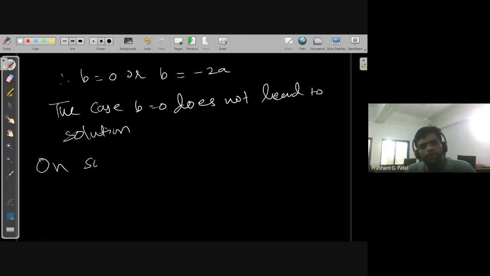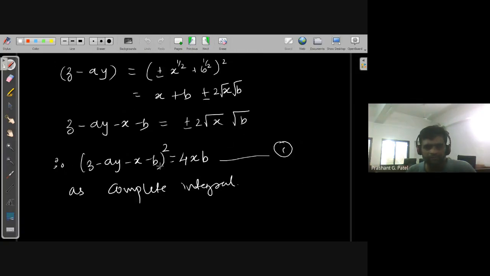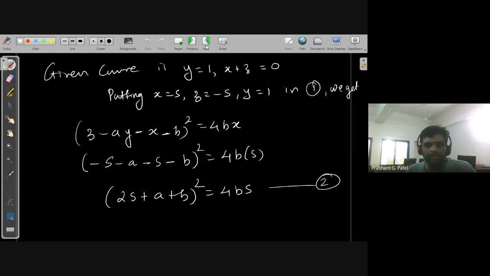So on substituting B equal to minus 2A in equation 1, what was equation 1? It is our complete integral. Let me write the complete integral here.